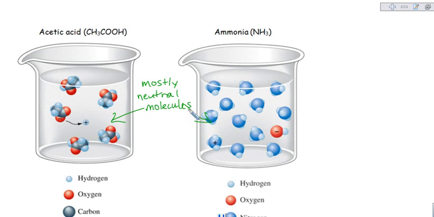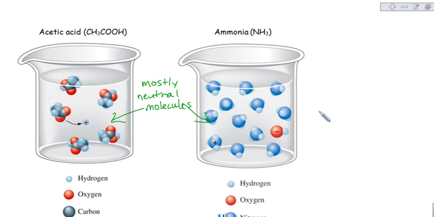Most of these molecules are still neutral. There's maybe only one in each case that's split. That's just not going to conduct a lot of electricity because you don't have a lot of moving charged particles. We're going to test acetic acid and ammonia in the lab. Yeah, they'll conduct, but not very well.